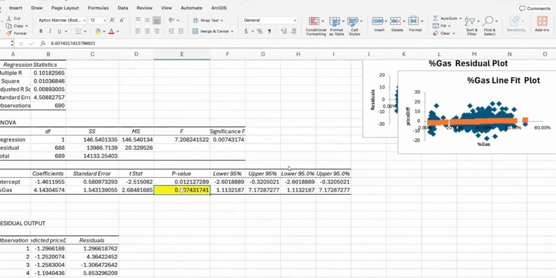So that means the association is significant. And here we have a positive coefficient. So again, with a 1% increase of energy output by gas, we will see a $4 increase in the daily energy price change. Okay.